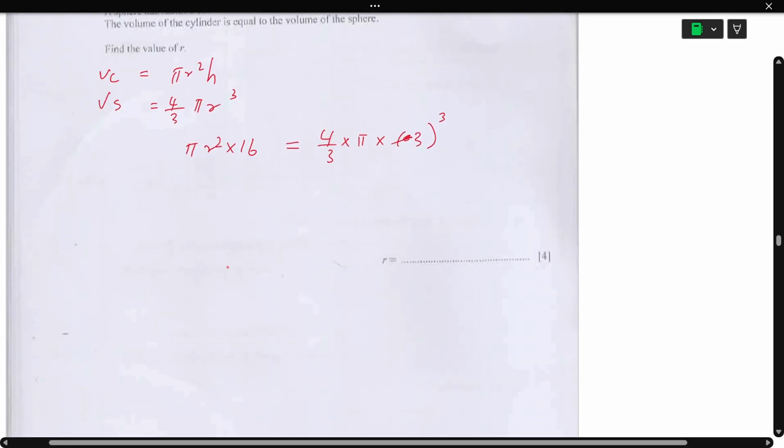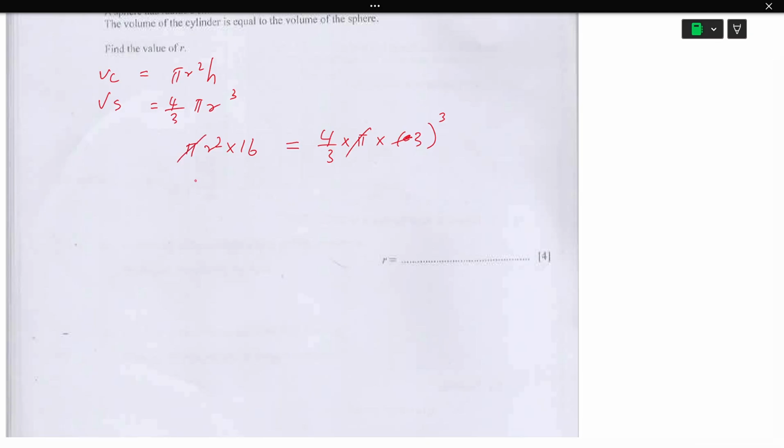So to simplify, we will remove pi and pi here. So r square times 16 equals 4 by 3 into 3 cube. So 3 and 3 can cancel, it becomes 3 square. So r square times 16 equals 4 times 9. R square equals 36 over 16.